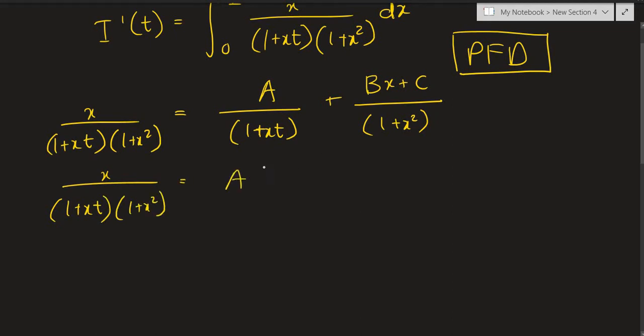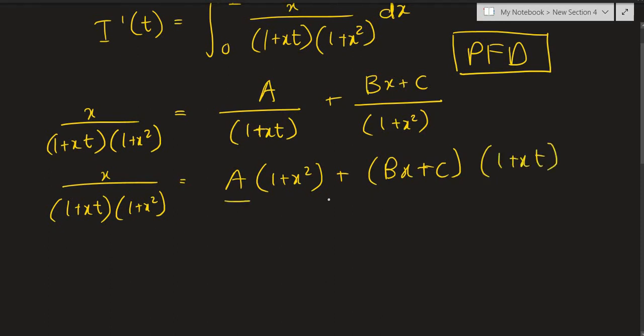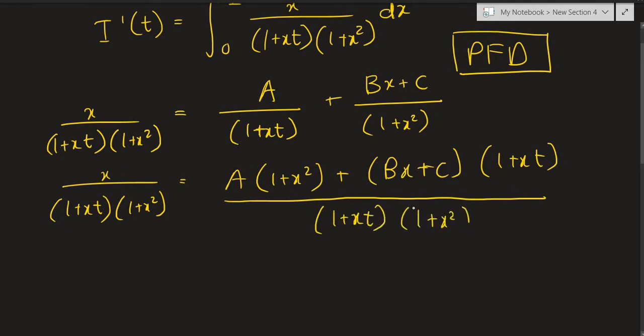Cross multiplying both sides, we have x divided by (1 plus xt) times (1 plus x squared) equals a times this factor 1 plus x squared, plus (bx plus c) times (1 plus xt), divided by (1 plus xt) multiplied by (1 plus x squared).